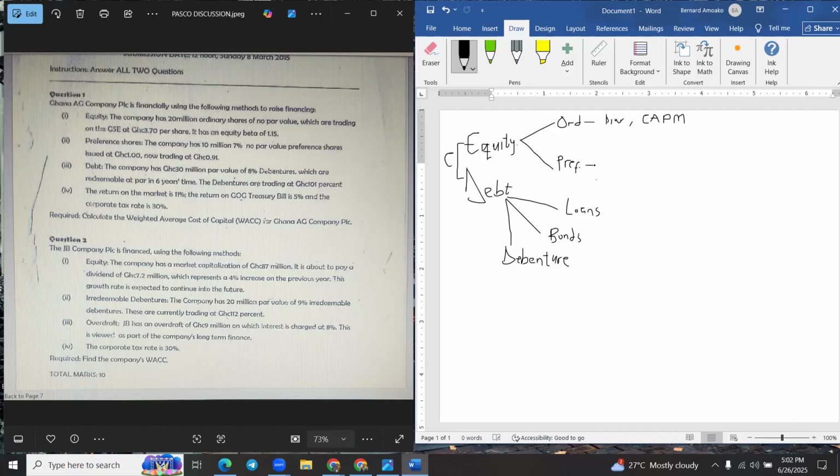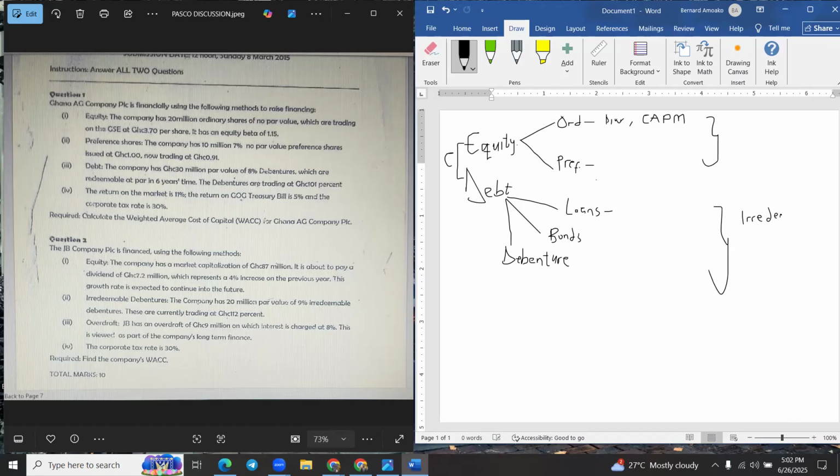And then for this, we can also talk about the dividend-based approach model. For ordinary shares, preference shares, and equity, we use the dividend approach. Here, for debt, we would use the interest approach, but then we will be looking at irredeemable and redeemable.